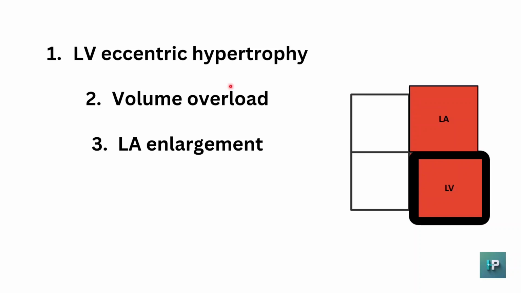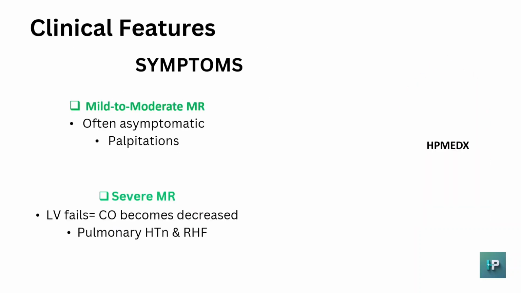And here you can see there will be LV eccentric hypertrophy with volume overload. That is, there is hypertrophy, that is, increase in the thickness of the wall, and dilation. Here you can see increase in the chamber size, and there will be LA enlargement, that is, left atrial enlargement. It is because more blood is pushed into the left atrium, so it has increased in chamber size.